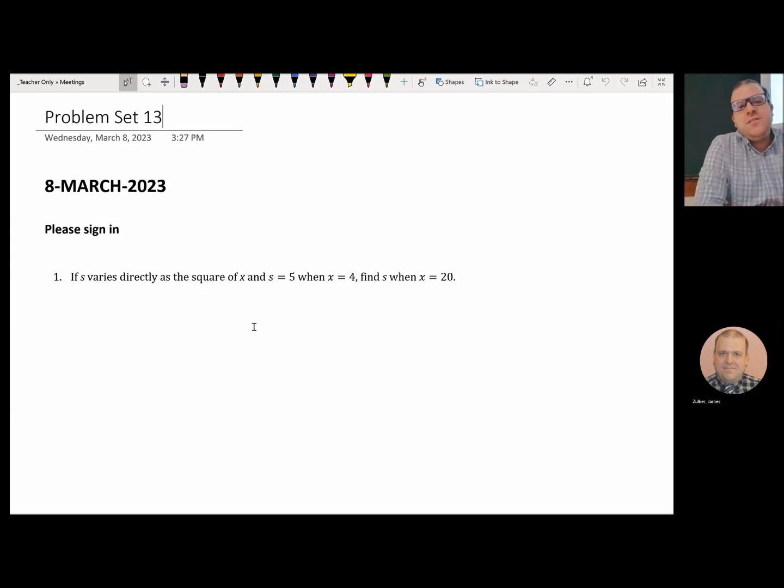So variation. We're told that S varies directly as the square of X. What that means is that S is proportional to X squared.